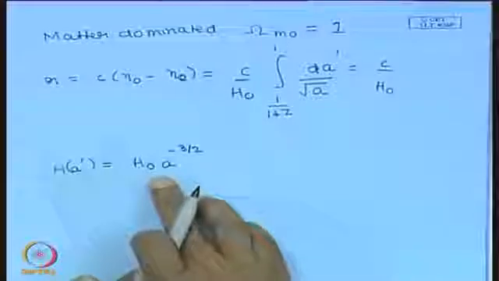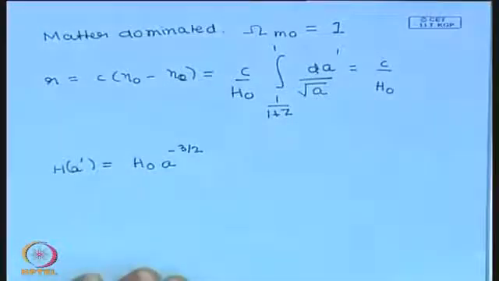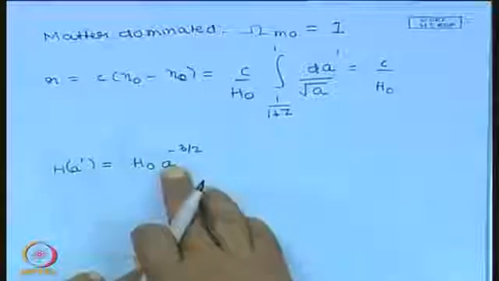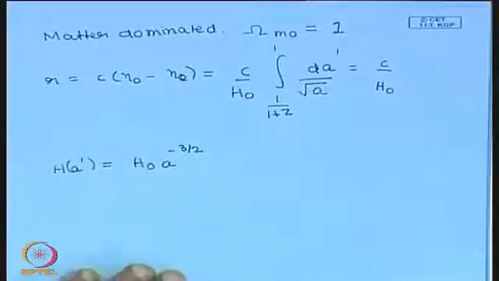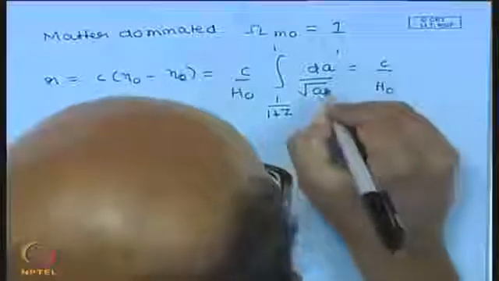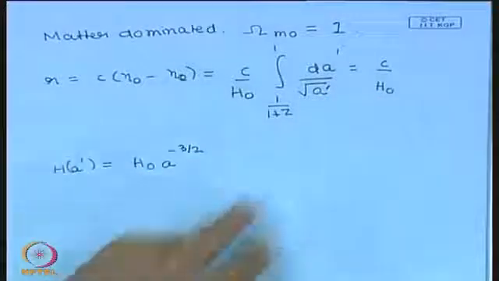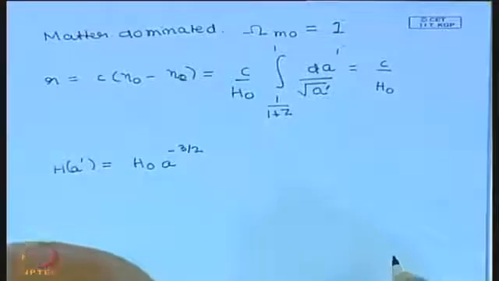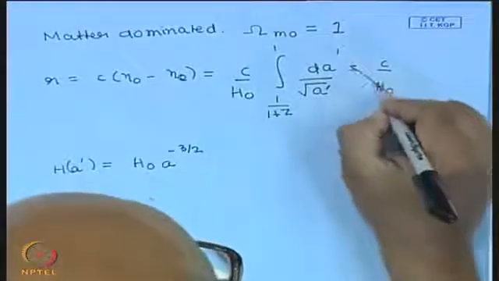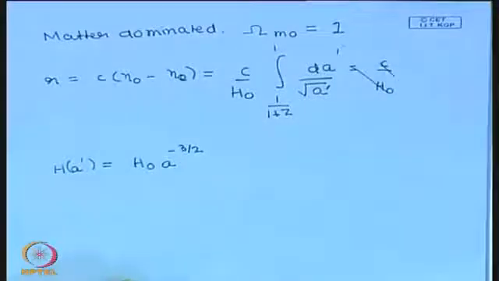That is the integral that we have to do. This will get multiplied with a square, so I will be left with square root of a prime, and we know what this integral is.